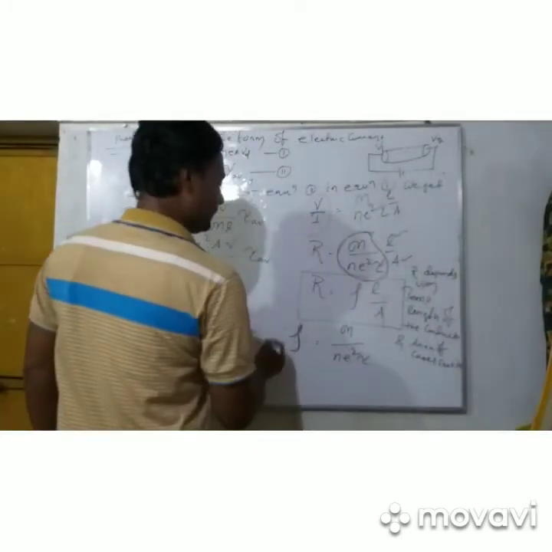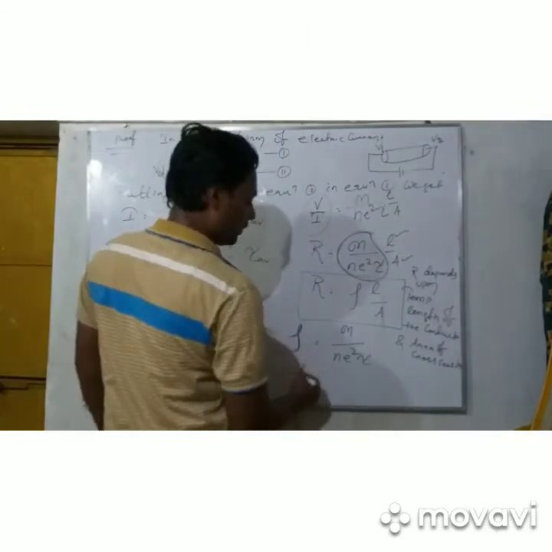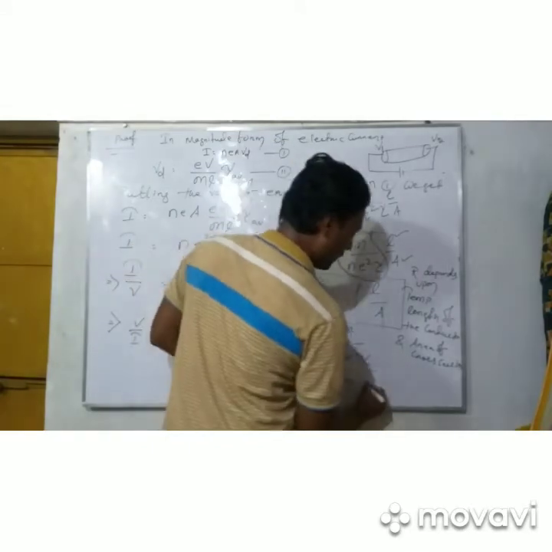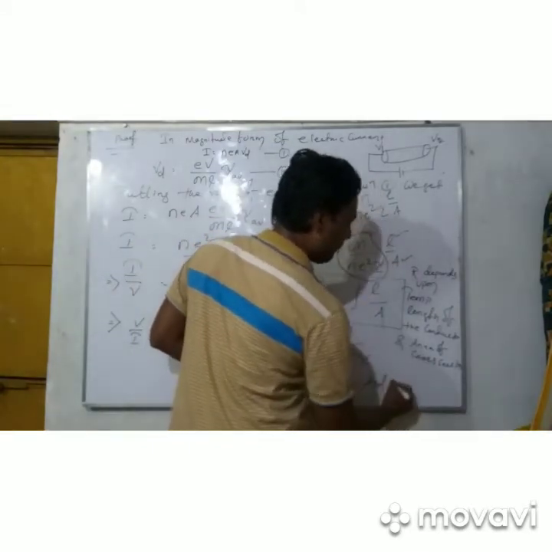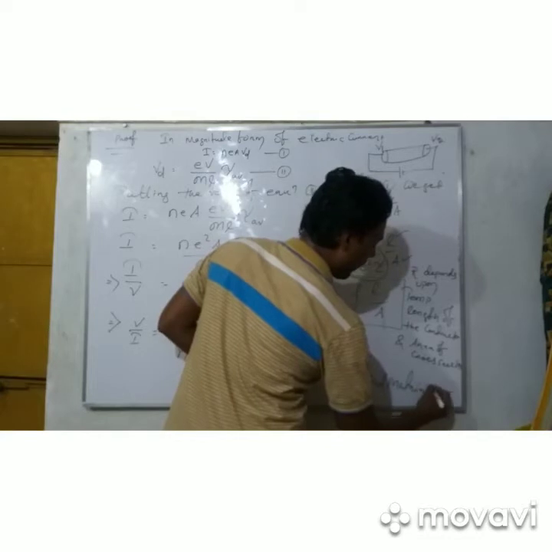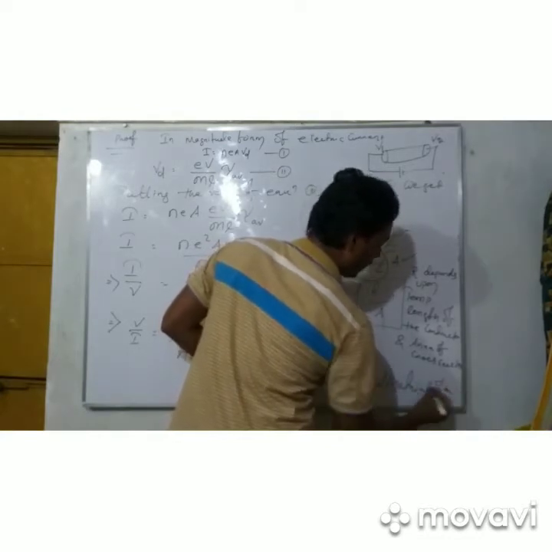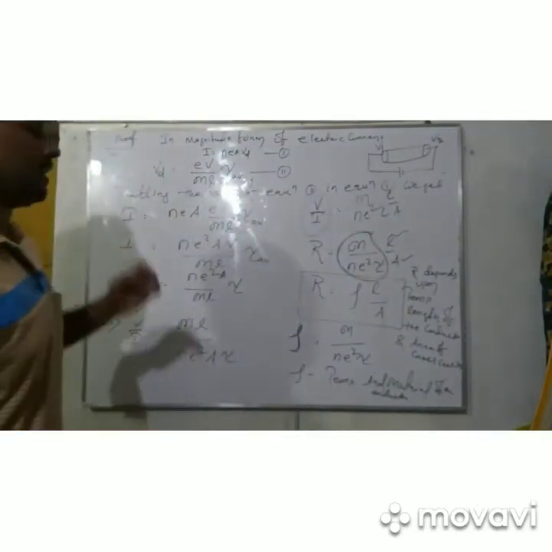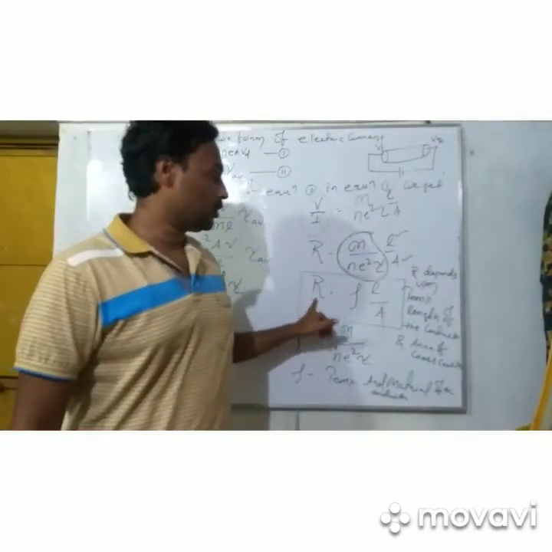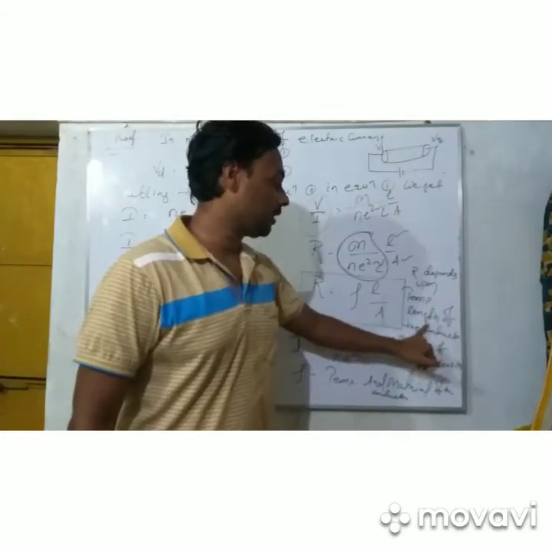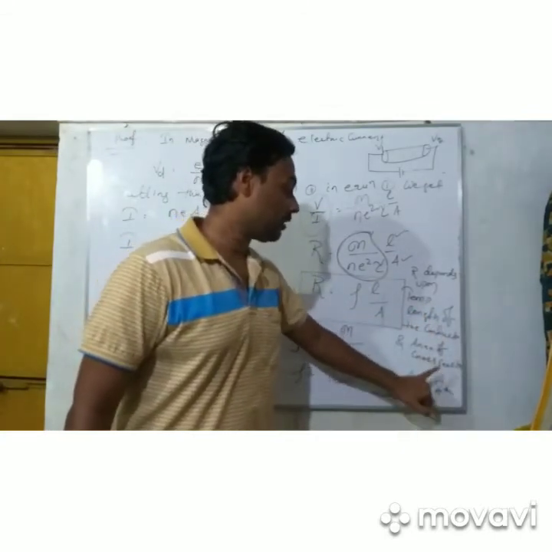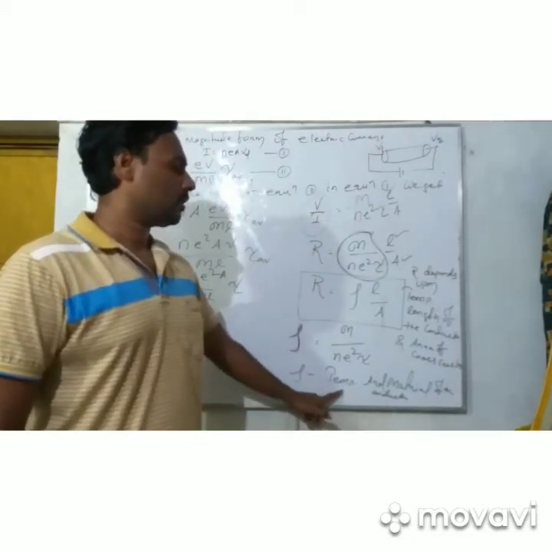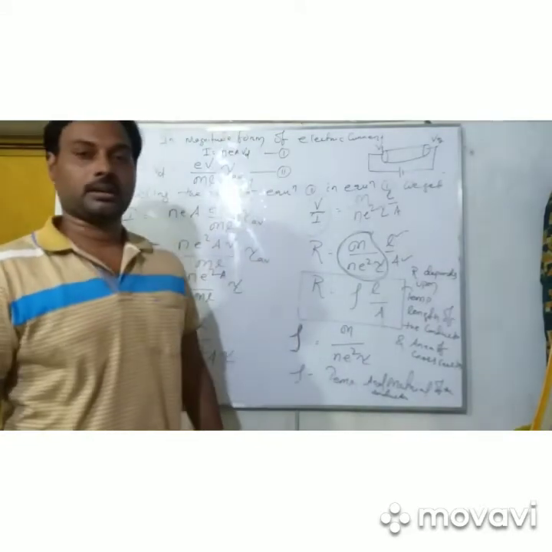But resistivity depends upon temperature and material of the conductor. Clear? Again I repeat, resistance always depends upon temperature, length of the conductor and also area of the cross section. But resistivity only depends upon temperature or material of the conductor.